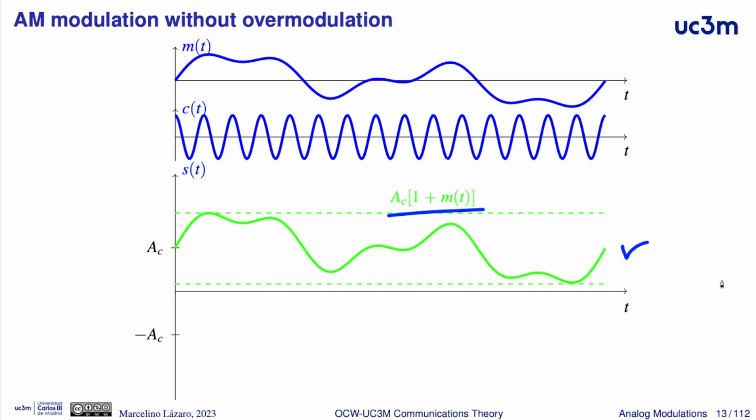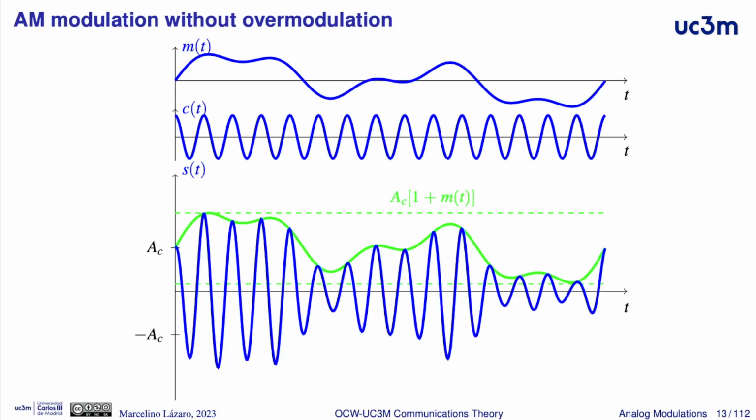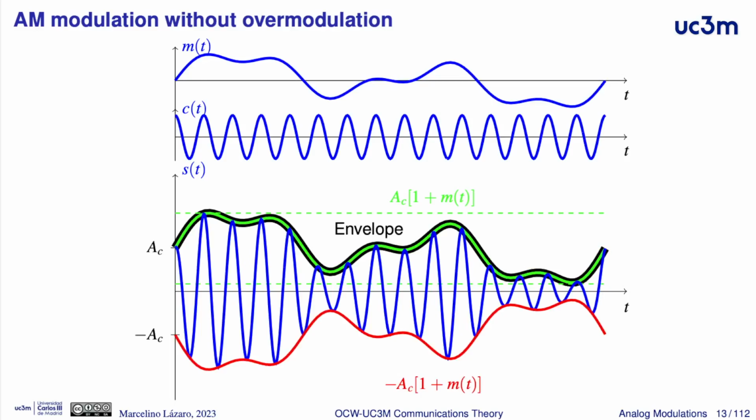If this is non-negative, as it happens in this example, if we plot the modulated signal, we have this signal, and the envelope is proportional to the term that is multiplying the cosine and is proportional to m of t. If we use an envelope detector, the information, the modulating signal, can be recovered just by removing the mean and scaling the output of the envelope detector.